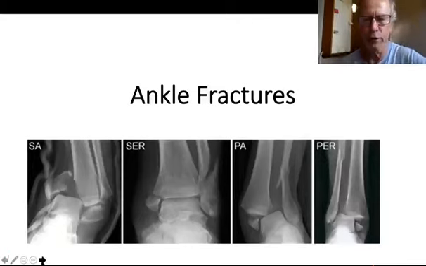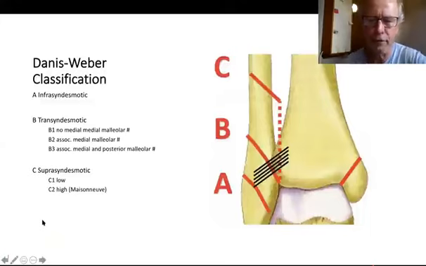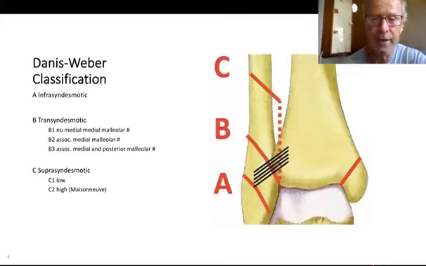So let's move on and have a look. This is pictorially the Danis-Weber classification, and they're described as A, B, and C, and they're all related to the level of the fracture of the fibula. So it's either infrasyndesmotic, transsyndesmotic, or suprasyndesmotic.